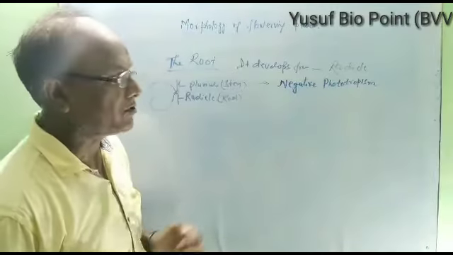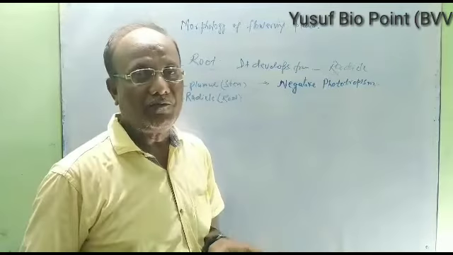The root shows negative phototropism, which means it moves away from the light.